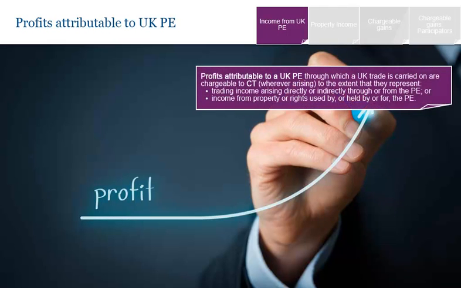The first key learning area is the charge to tax on income from a UK permanent establishment, or PE, of a non-resident company. This area is least affected by Finance Act 2019.